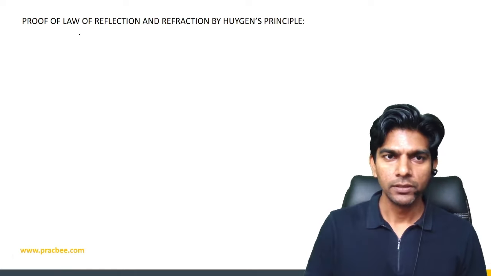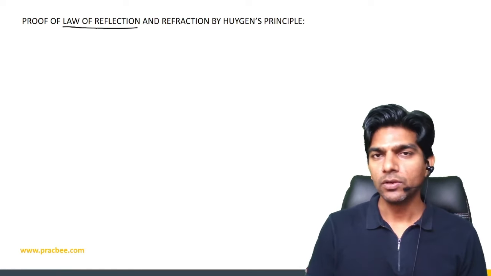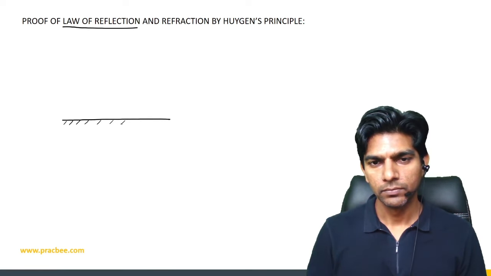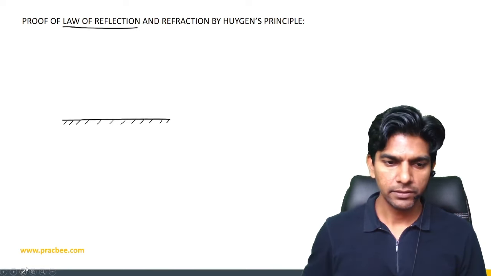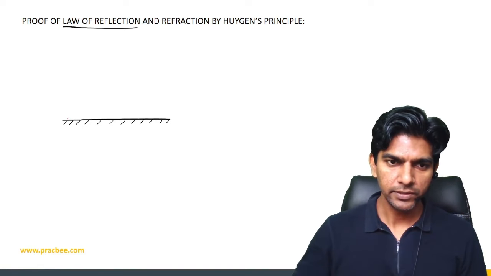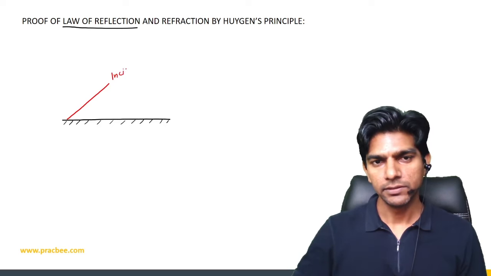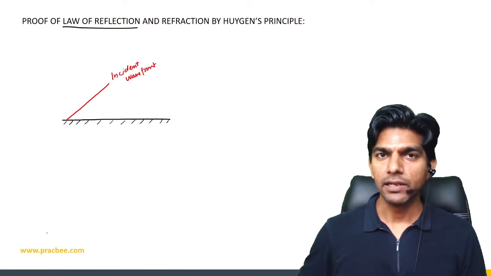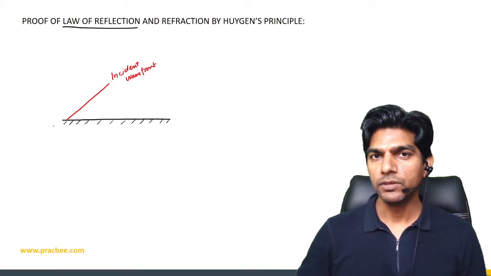So first I'm showing the proof for law of reflection. So this is the reflecting surface, and let us say this is the incident wavefront. And we know that the light rays are perpendicular to the wavefront.